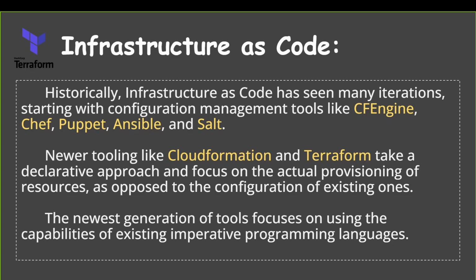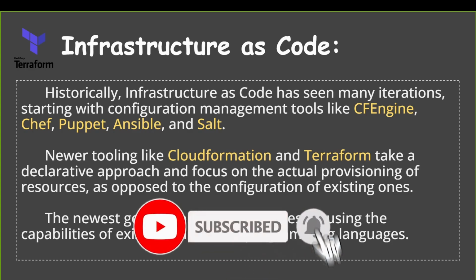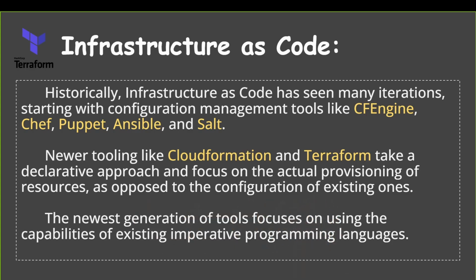But we'll not be using Ansible because that is best for configuration management and not for infrastructure provisioning. What is configuration management? Let's say there is a server and you want to install HTTPD, the Apache web server, and then place an HTML file inside the /var/www/html directory. For those kinds of scenarios, Ansible would be better. Ansible is not best for creating infrastructure.